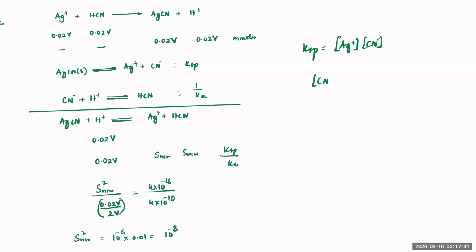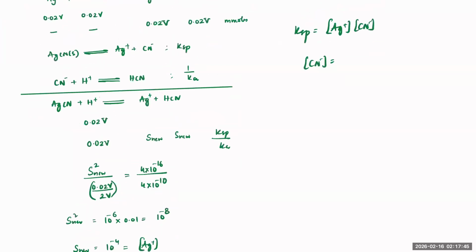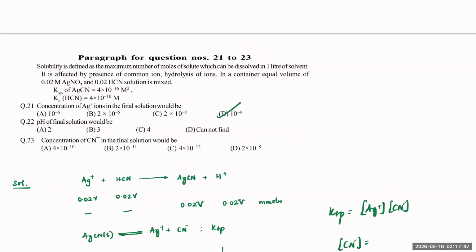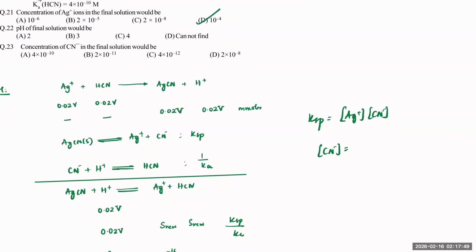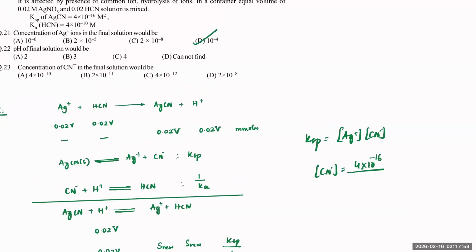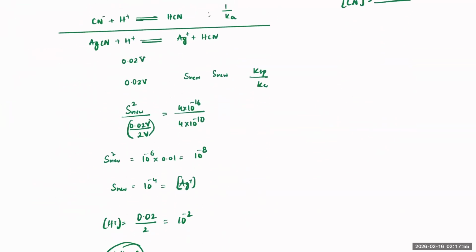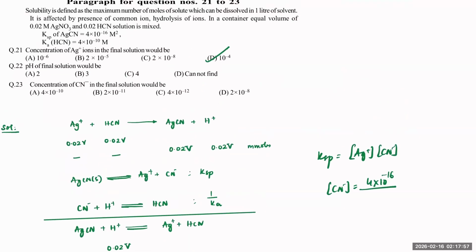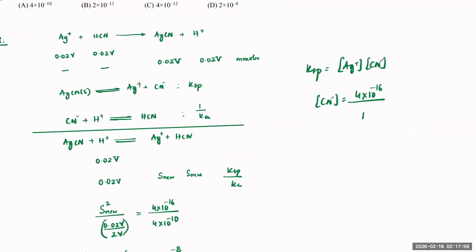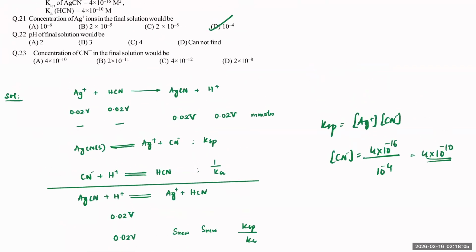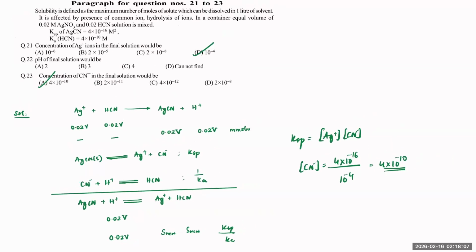So from there, CN minus concentration is equal to Ksp, and the Ksp value we got here as 4 into 10 raised to power of minus 16, divided by Ag plus concentration. Okay, Ag plus concentration is 10 raised to power of minus 4, which is equal to 4 into 10 raised to power of minus 10. So that will be the value, which is A here. Okay, clear?